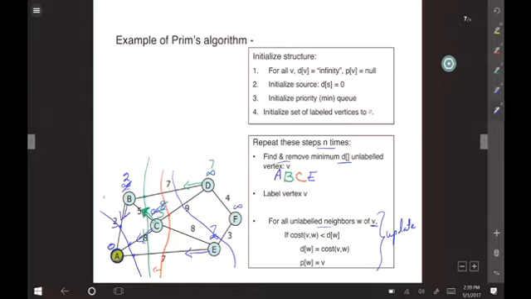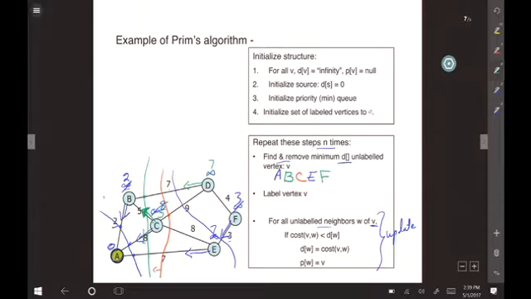Okay, we took E, we labeled it. We need to update all of the unlabeled adjacent edges. 3 is better than infinity, so F becomes 3, and the predecessor goes there. We are almost done. 3 is the least D, so F comes off.